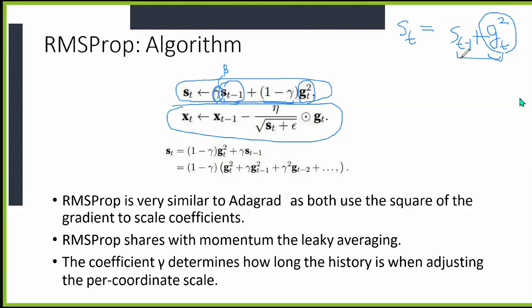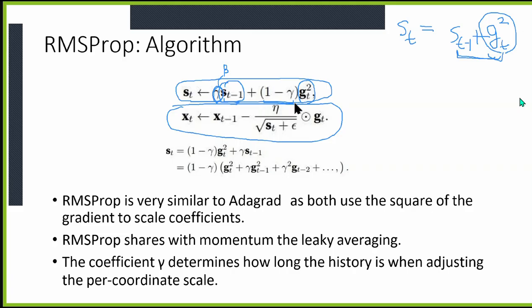So the problem with AdaGrad was that since we're just monotonically accumulating without introducing this variation, the learning rate can very quickly decrease because we're just squaring and accumulating again and again.